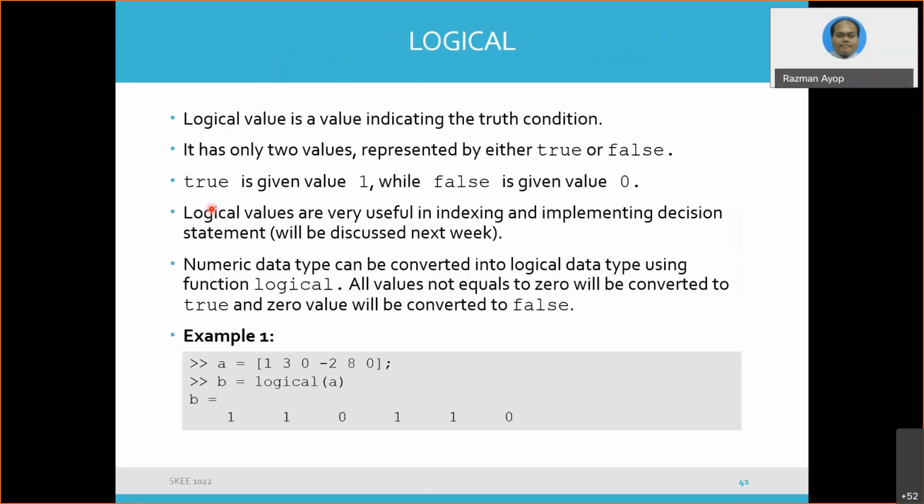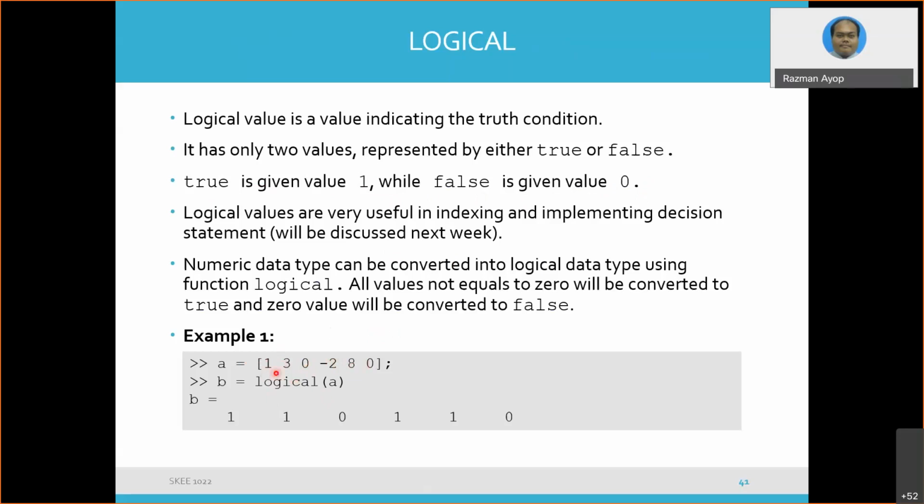Next is logical. Like I mentioned before, you have numbers, you have characters, and then you have logic. Logic is basically true or false, or 1 or 0. If it's true, it means 1, and if it's false, it means 0. So how to create logical data? You can just use logical A. For example, you have 1, 3, 0, -2, 8, 0.